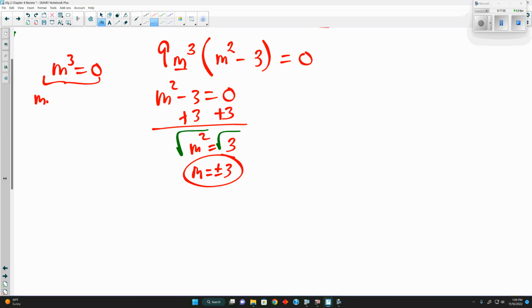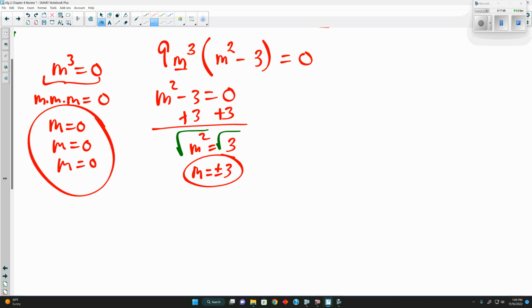Here we're really saying that we have m multiplied by itself 3 times, which is 0, yes? Which is just saying m is equal to 0, m is equal to 0, and m is equal to 0. That's it. Questions on this here?